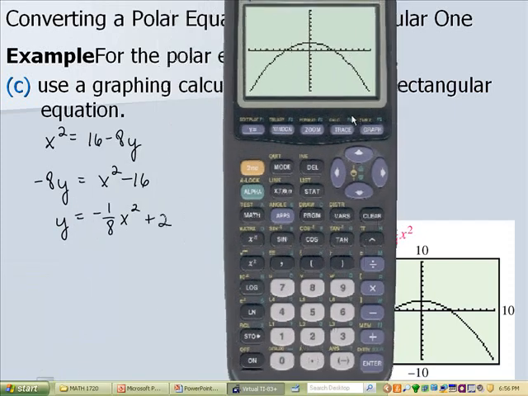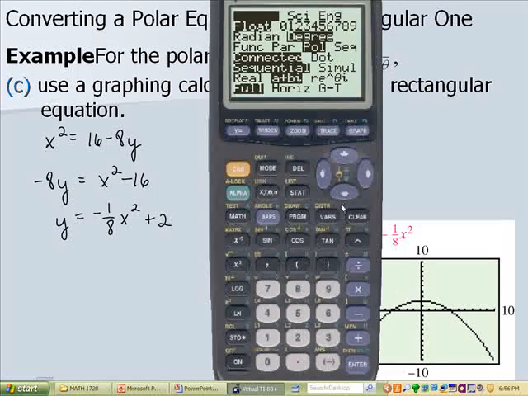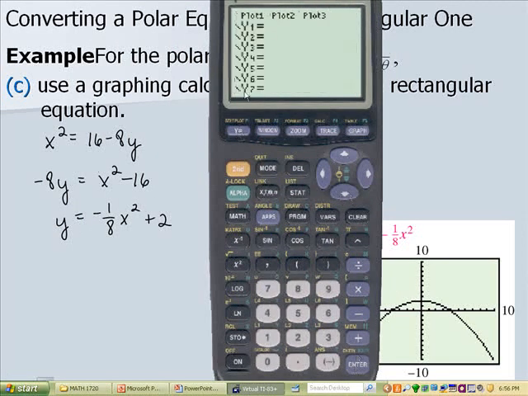So let's change here, and we need to change our mode back to function and go to y equals and type in our negative 1/8 x squared plus 2, and we graph that in the same window, and we see that it's identical.